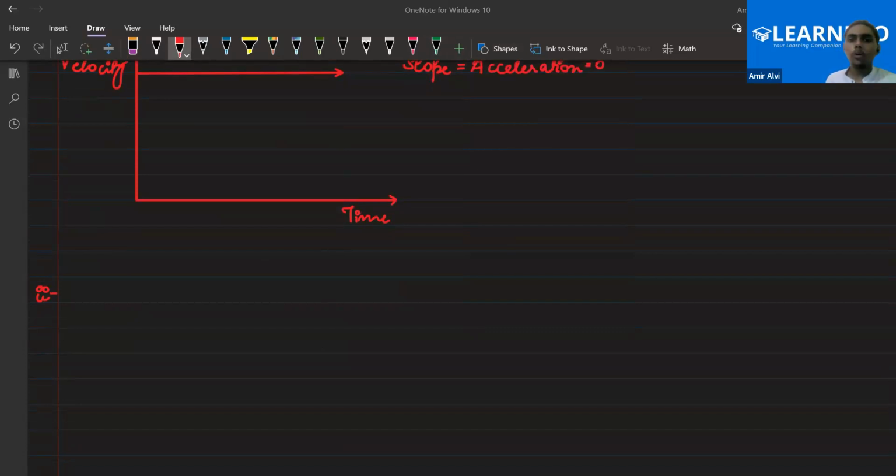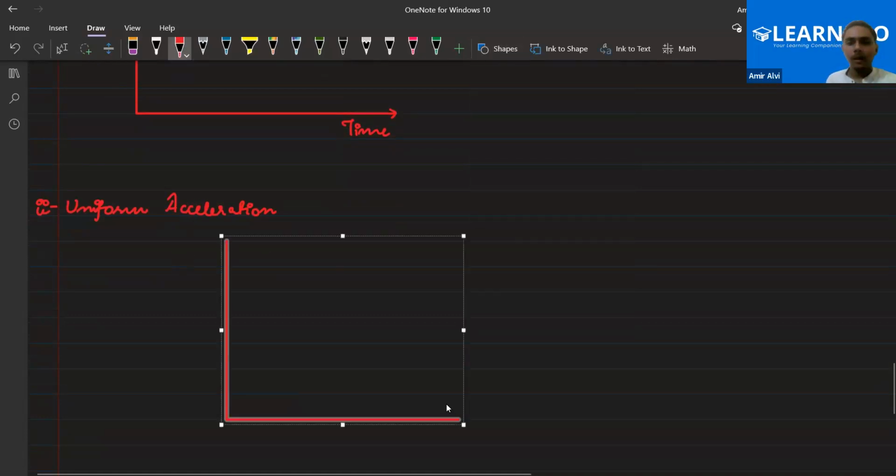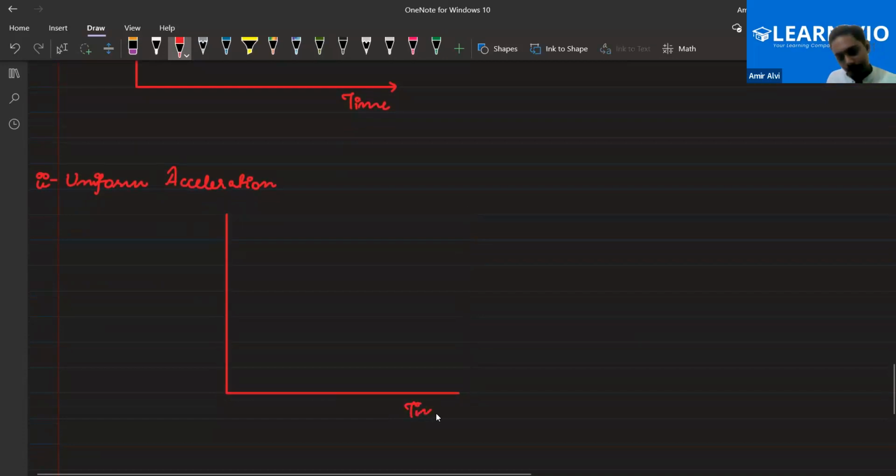Okay, now it's time for constant acceleration. This is a uniform acceleration. It means that the body has some acceleration, but it is uniform with respect to time.